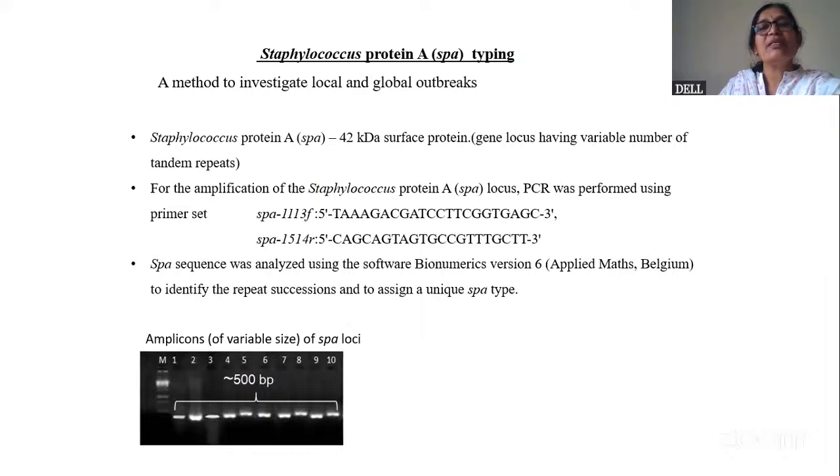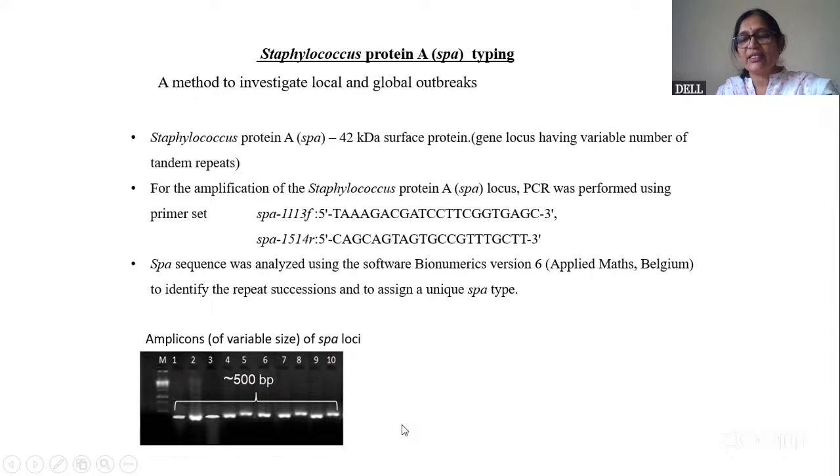Now, apart from this, we also did the Staphylococcus protein A typing, that is called SPA typing. Staphylococcus protein A is a 42 kilodalton surface protein. The amplification was done by PCR because it contains a lot of tandem repeats, and therefore you can see variable sizes of SPA loci, approximately 500 base pairs.